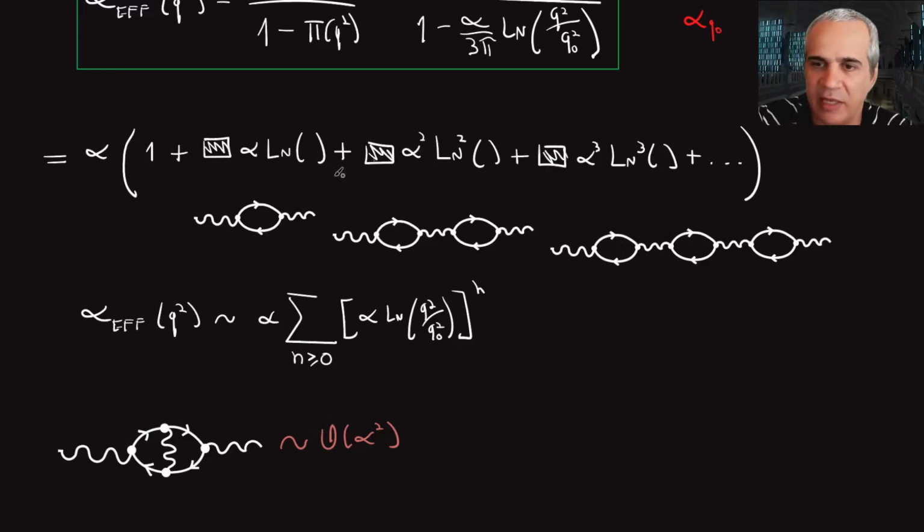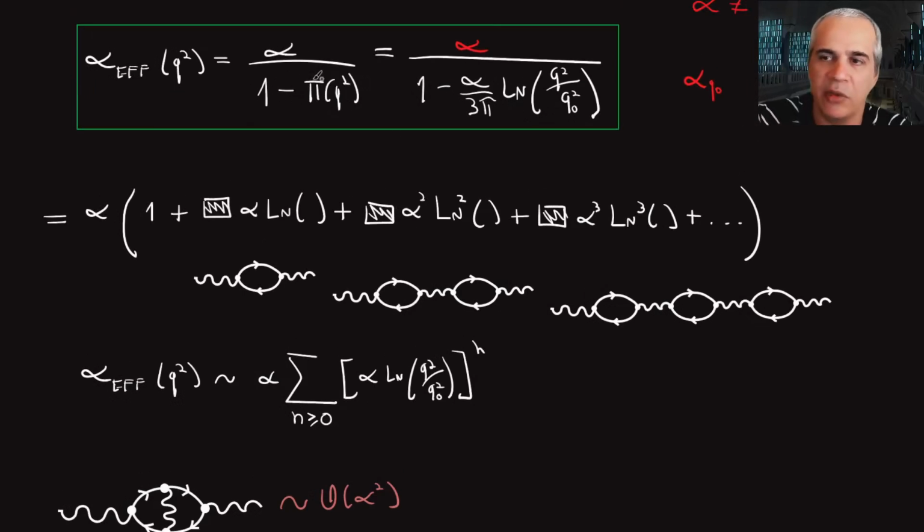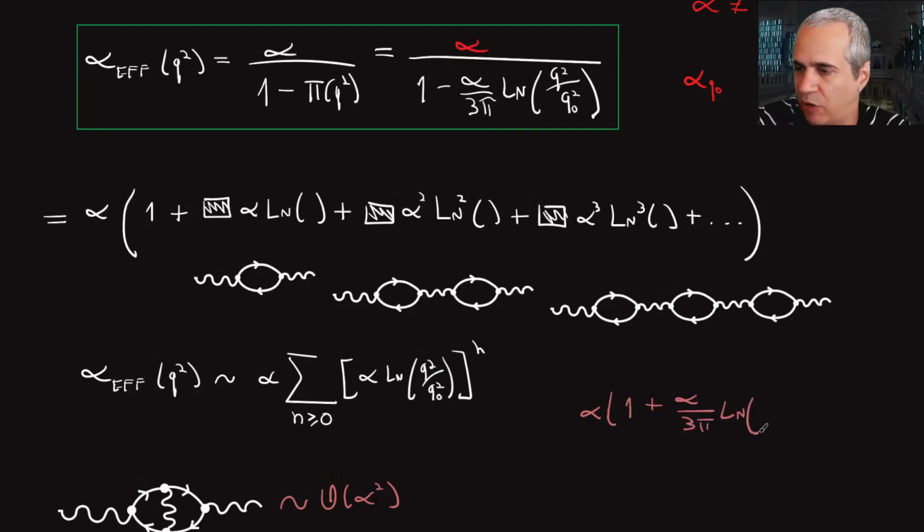I'm not truncating already to get this expression. I didn't truncate at order alpha. These two, of course, are exactly the same in the limit where I can disregard alpha square, everything. Then I'm just writing this expression, but I'm really just thinking of this, which is true rigorously for very small alpha.